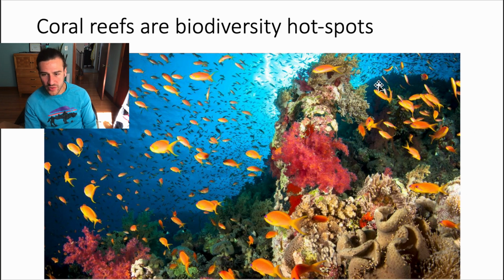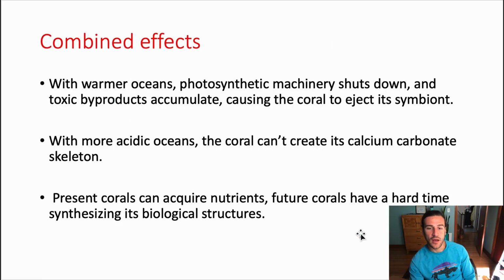The more corals that are built up, the more habitats for fish that show up, and you get these amazing biodiversity hotspots. A biodiversity hotspot is a location on the planet that allows many species to coexist and live there. So these are very, very important ecosystems.